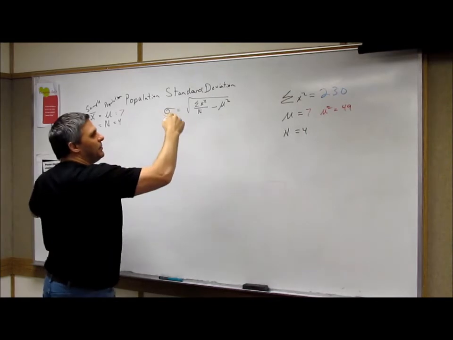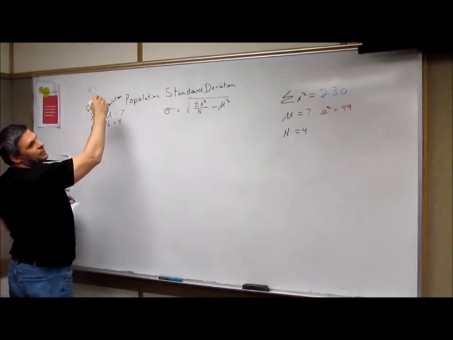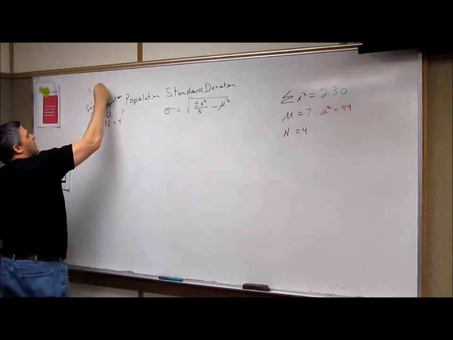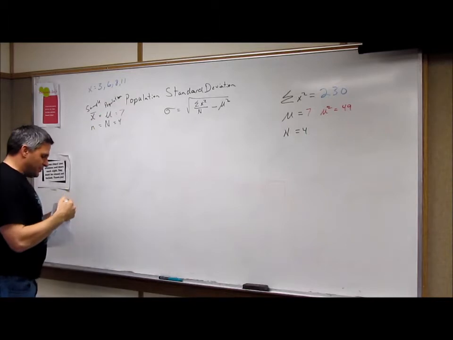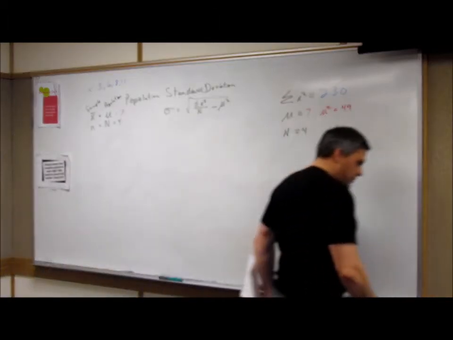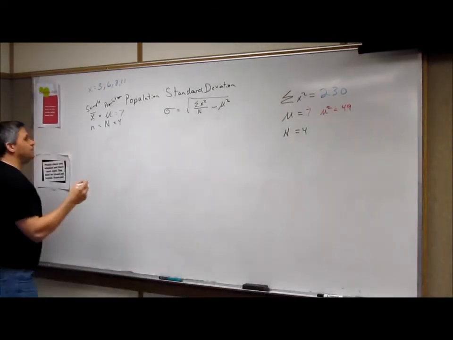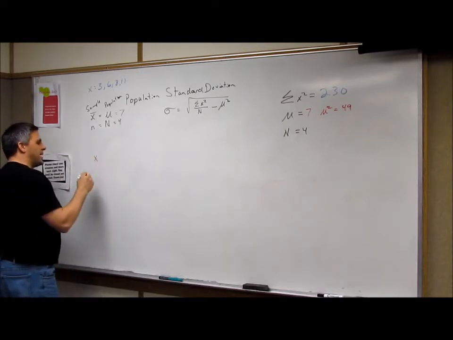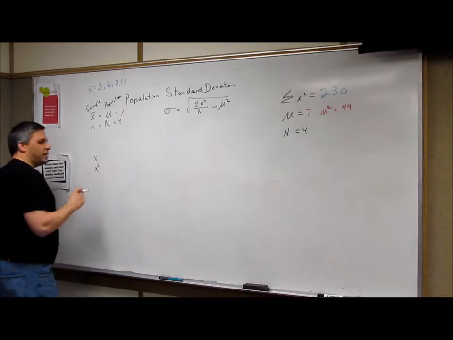Now we have all our numbers, but what did we start with? X was equal to 3, 6, 8, and 11. What's really nice to do is make my x's and my x squares.